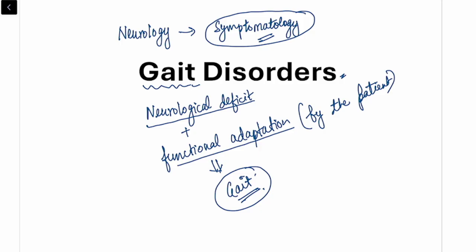You must know the types of gait, especially the Romberg sign, what is the physiology of Romberg sign, why it occurs, because it will cover the whole of the basic knowledge. If you know the basics of the anatomy and physiology of the maintenance of gait, you will be able to understand the Romberg sign. Rest all is about cramming the types of gaits, their names, and if you see the patient you will be able to remember it easily because you have already seen the patient.